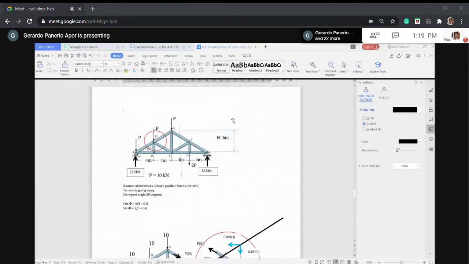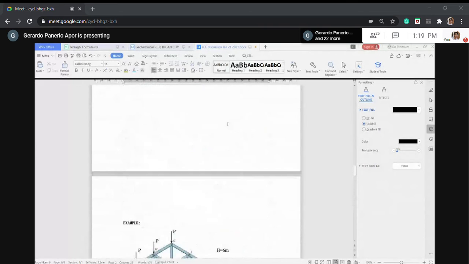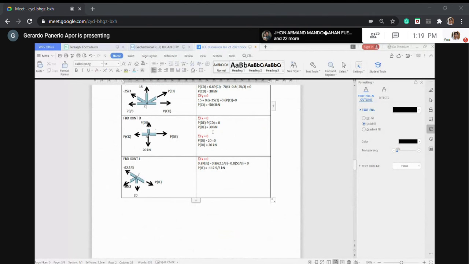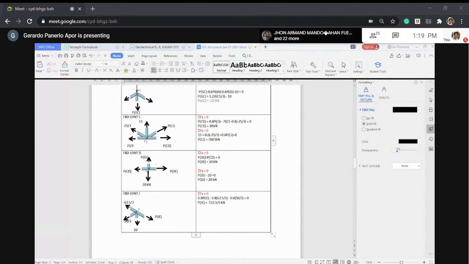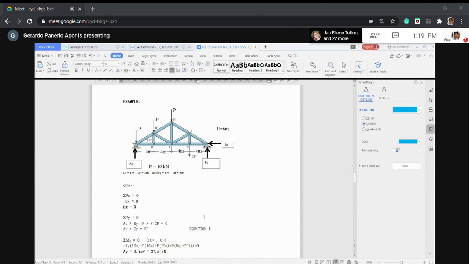Let's see what CD is in our previous calculation. CD, CD, CD. 30 here. 30. So the same answer you will get, 30.